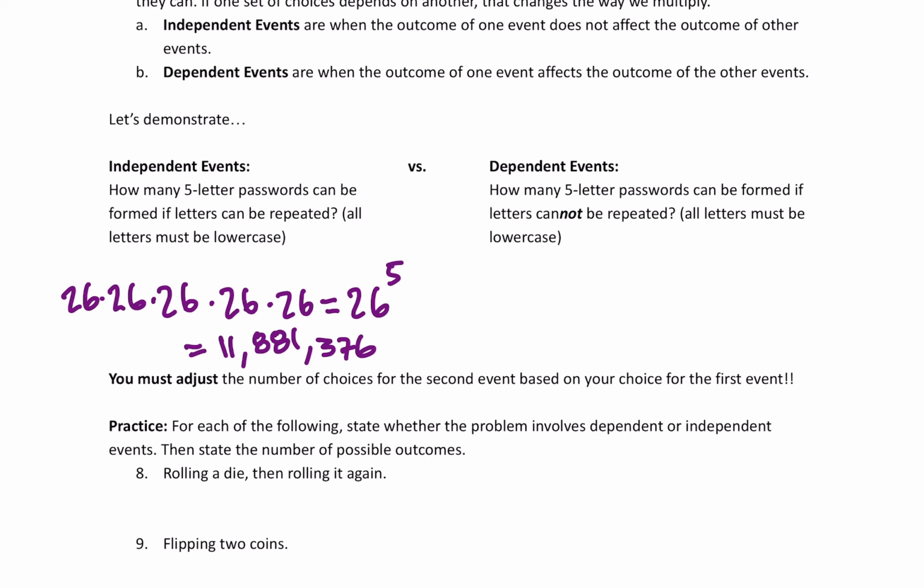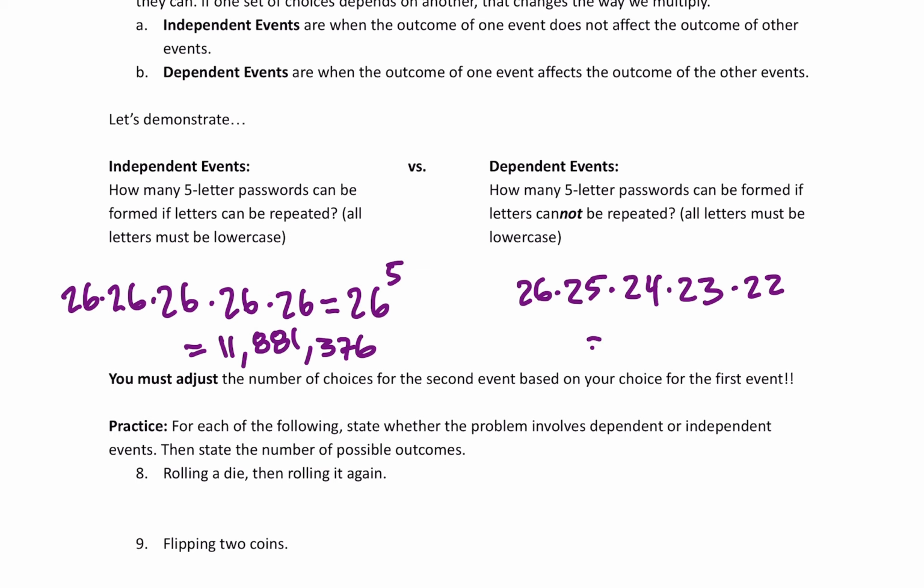Now looking at a dependent, this would be if we're trying to make a 5-letter password and the letters cannot be repeated. So when I pick my first letter of my password, I still have all 26 letters. Then I go to pick my second, but I can't repeat a letter, so I've got 25. And then I've got 24 because I've already used 2 letters, and then I've got 23, and finally I've got 22.